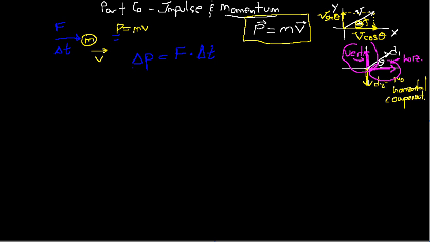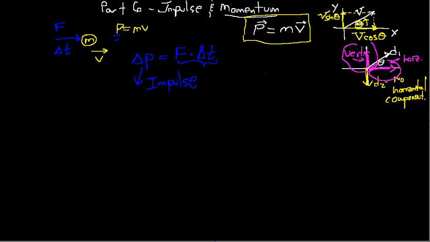And that will produce a change in momentum, and this change in momentum is what we referred to as impulse. So it's this delta P, or change in momentum, that we called impulse. The impulse results from some force acting for a given or particular time interval.